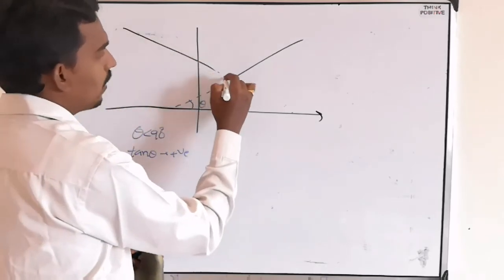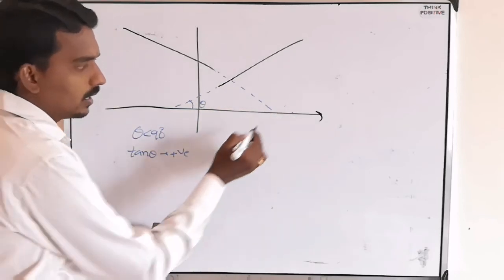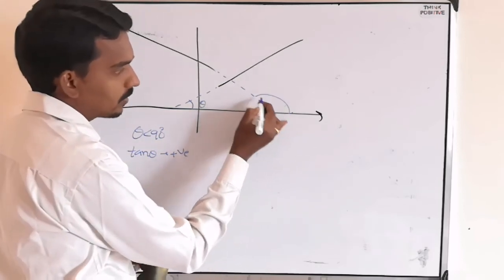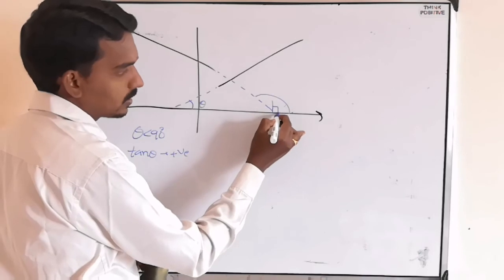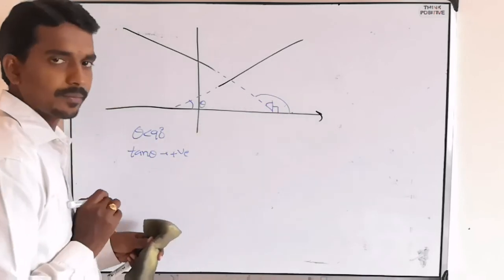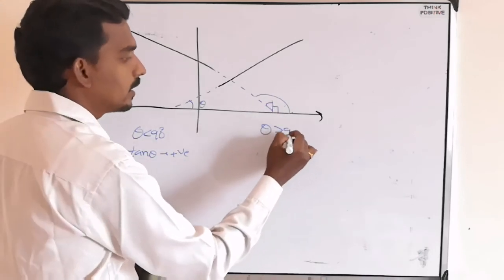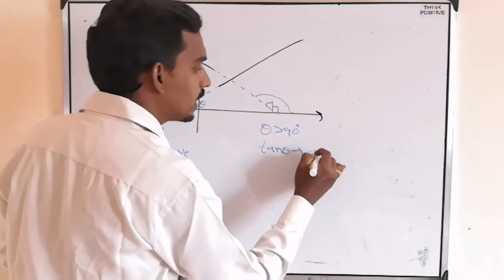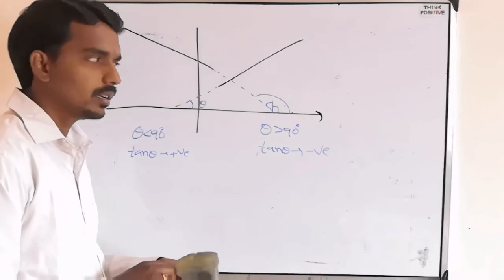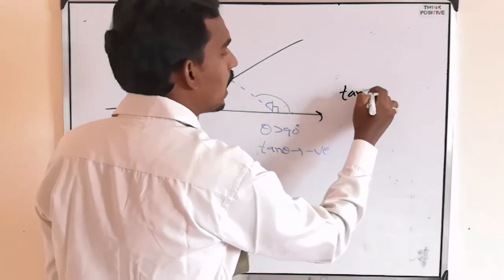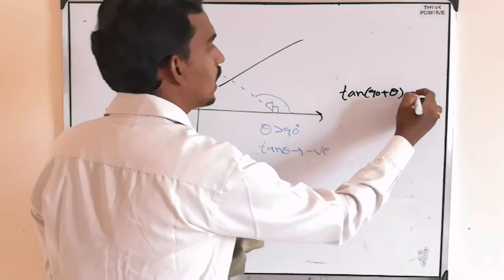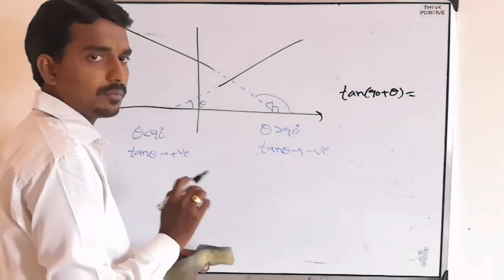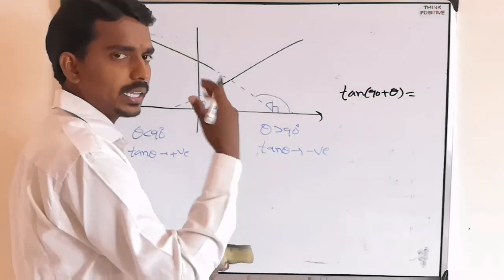But if you take this graph, you extend it, then angle with positive x-axis is 90 plus something. So greater than 90 degrees. For greater than 90 degrees, tan theta is negative. Why? Because tan of 90 plus theta. Here 90 plus something, we don't know. 10, 20, 30, anything.